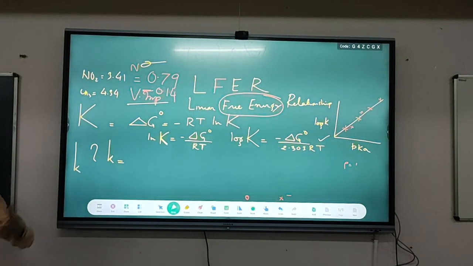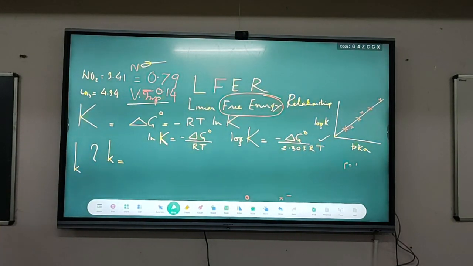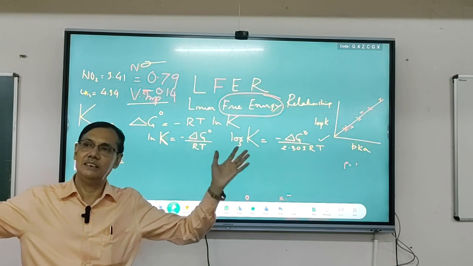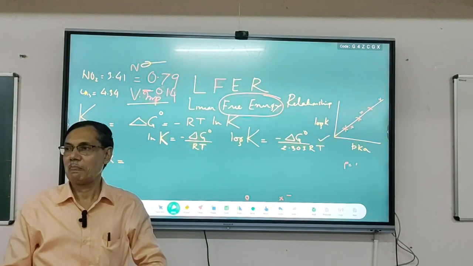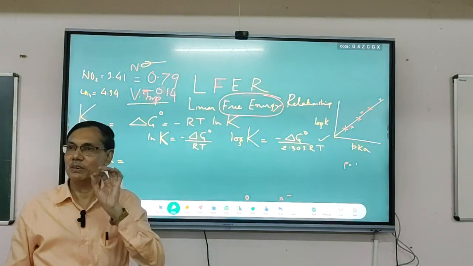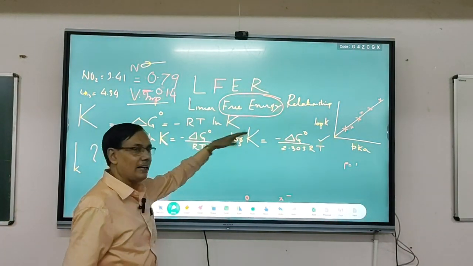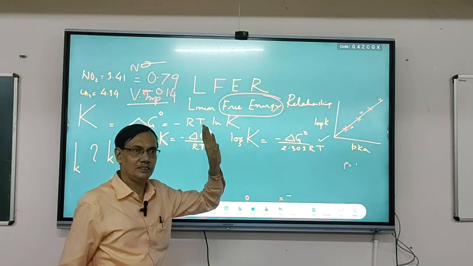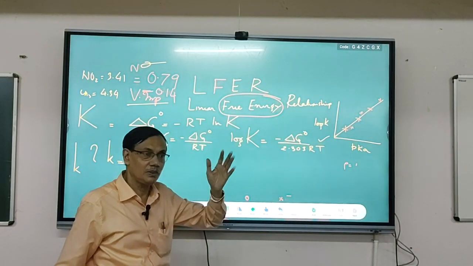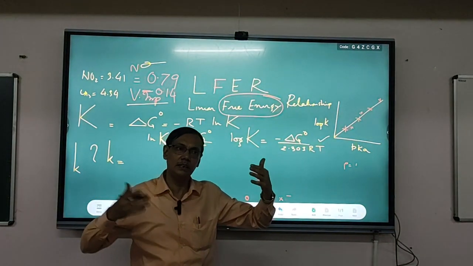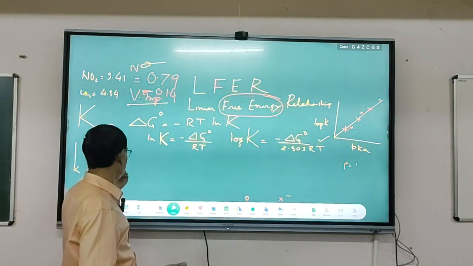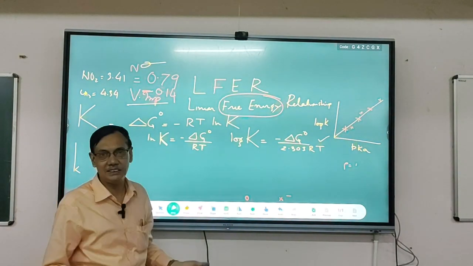Any idea which relates rate constant with free energy? Very simple question I am asking you. Delta G is equal to minus RT log K. Everybody knows it. Now my second question: because I have to correlate the rate constant and equilibrium constant, is there any relationship between rate constant and free energy?